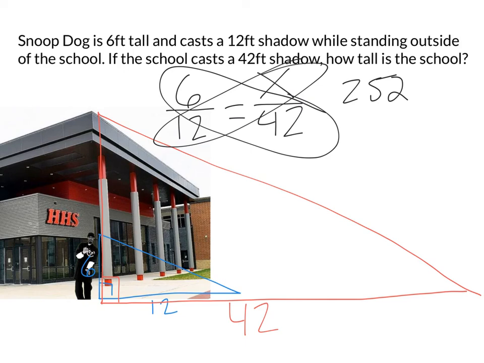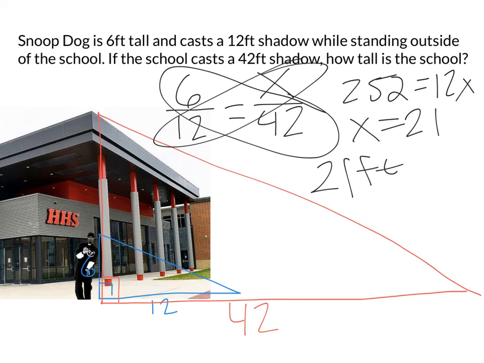I need my calculator for that one. And that's equal to 12x. If I divide by 12 to solve for x, I'm going to get 21. So we got 21 feet for my height. I think I was thinking about making the F for feet.